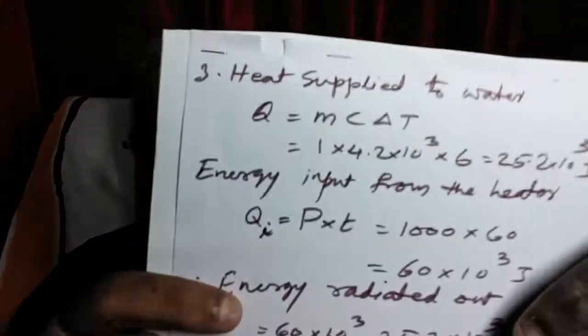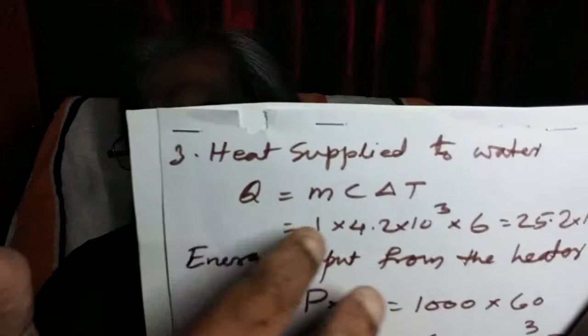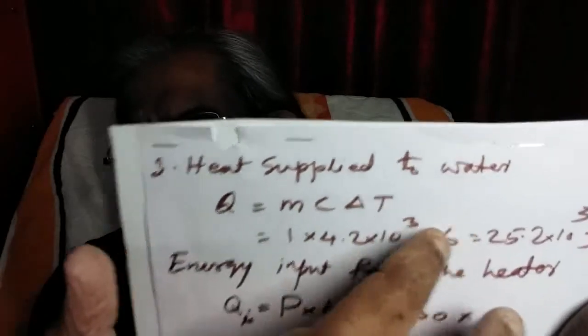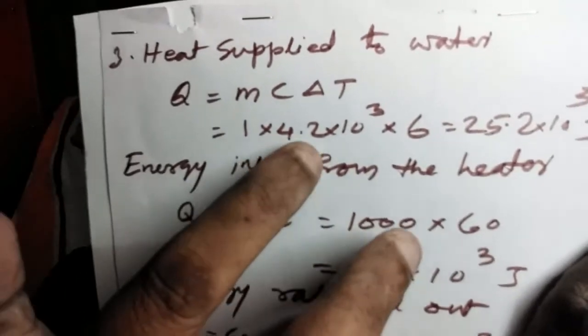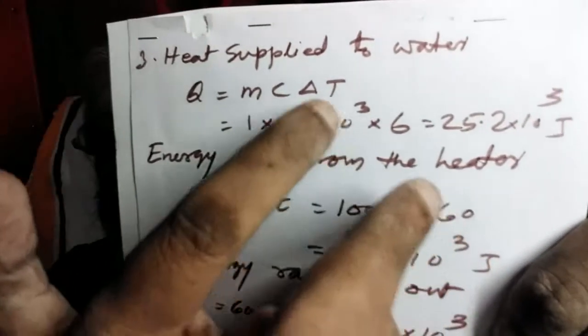That is the question. Now, heat absorbed by water to raise its temperature by 6 degrees Celsius, you can find out using this formula Q equals mc delta T. M is 1 kilogram, specific heat C is 4.2 into 10 raised to 3. Temperature change is 6 degrees.